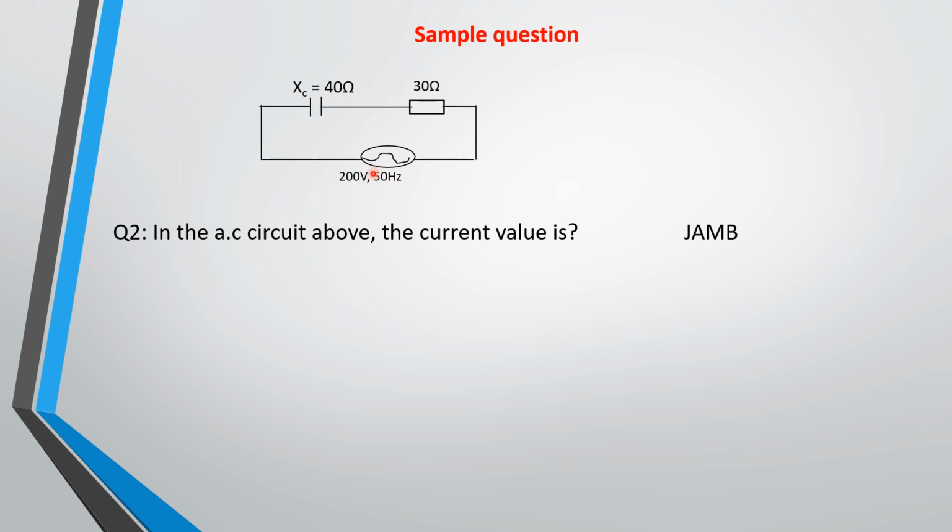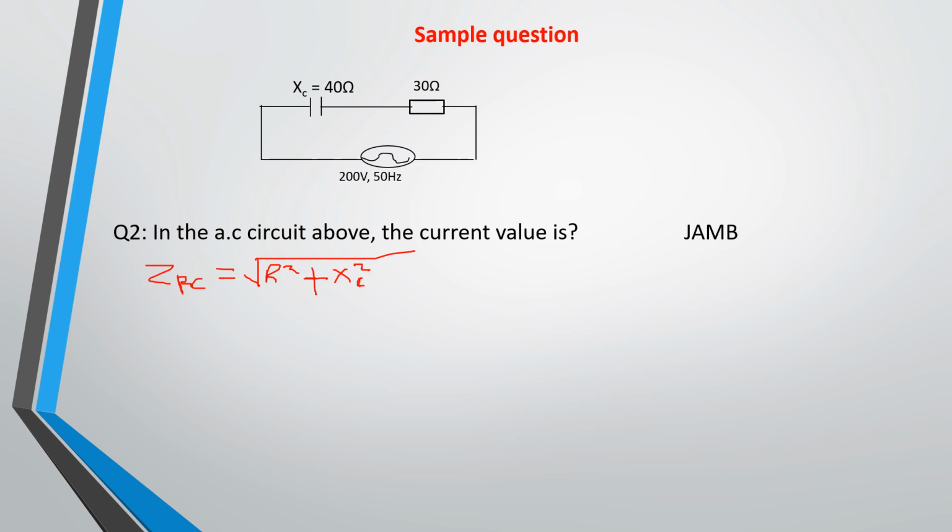So which equation should you apply? Remember that the impedance of this circuit, Z RC, is given to be equal to the square root of R squared plus, this is plus and not times, please, this is plus and not multiplication, okay, plus XC squared.